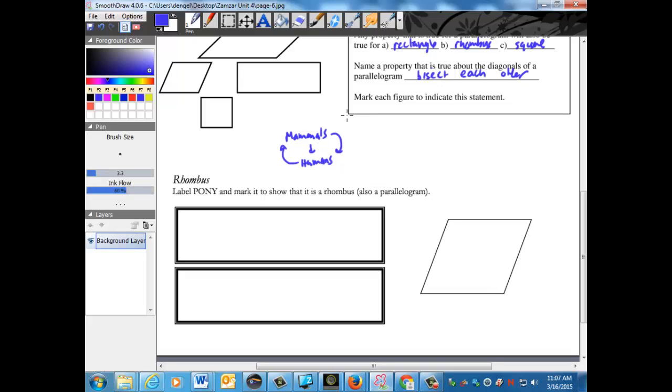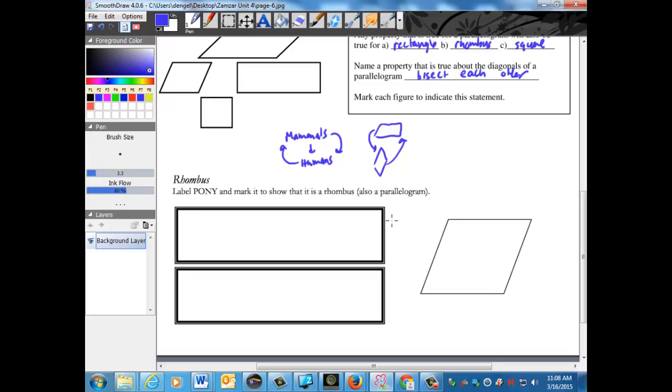We want to keep that in mind when we think of a parallelogram and rhombus. All properties in a parallelogram you'll see in a rhombus, but not all properties in a rhombus we see in a parallelogram. It works the same way with mammals and humans.